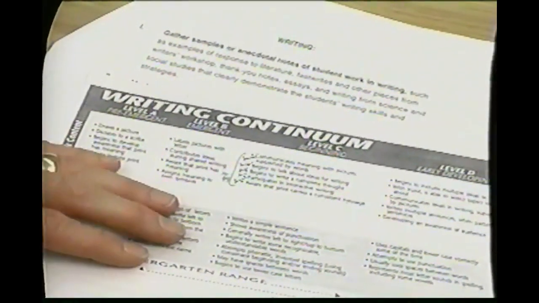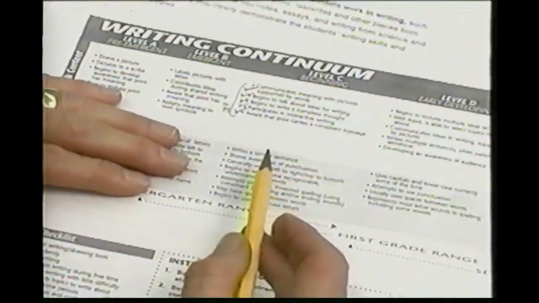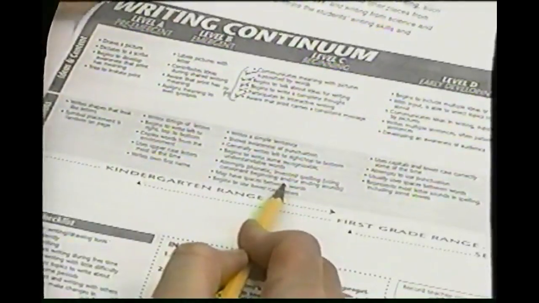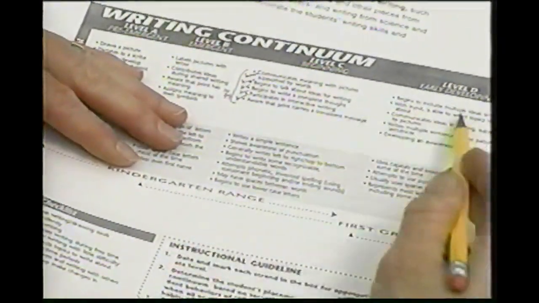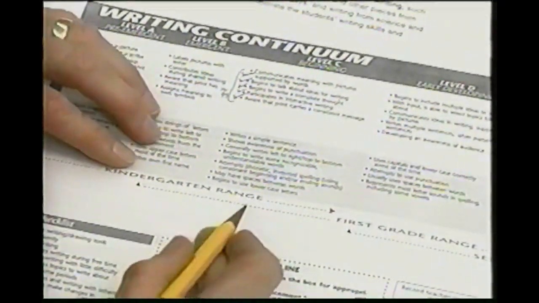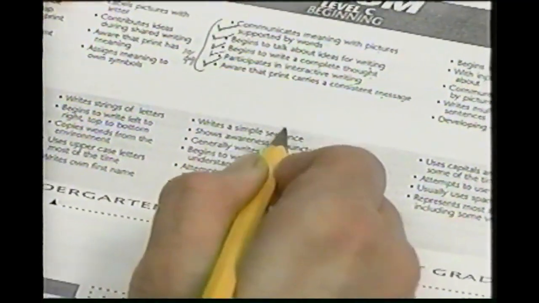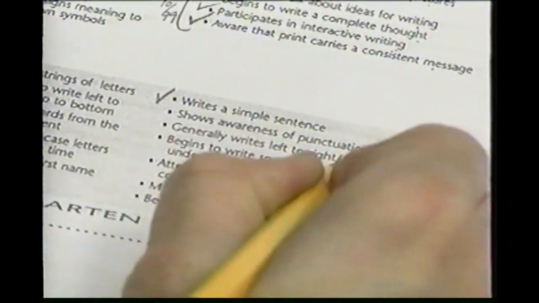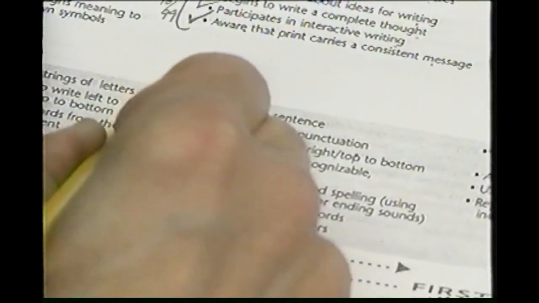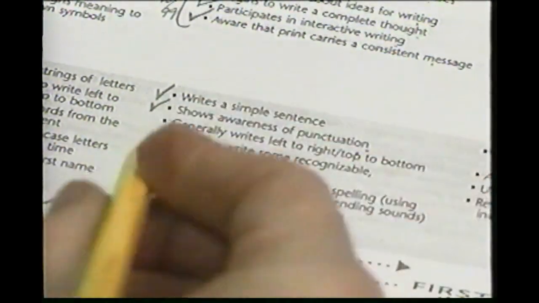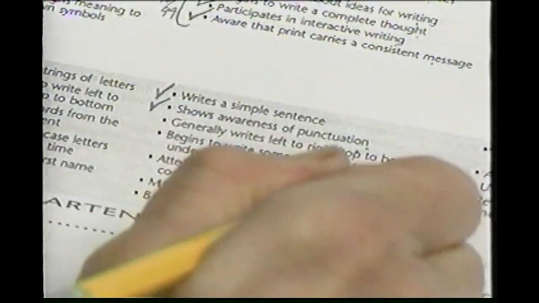So I'd say that all of those bullets were true for Kirsten. I'm going to go down the column and go to conventions and see if these were true or not, and then I'll move over one column and see what applied to her. Writing a simple sentence is something that Kirsten could habitually control. Shows awareness of punctuation. I'm going to mark that because of the consistency of periods at the end of her sentences. Generally writes left to right, top to bottom.